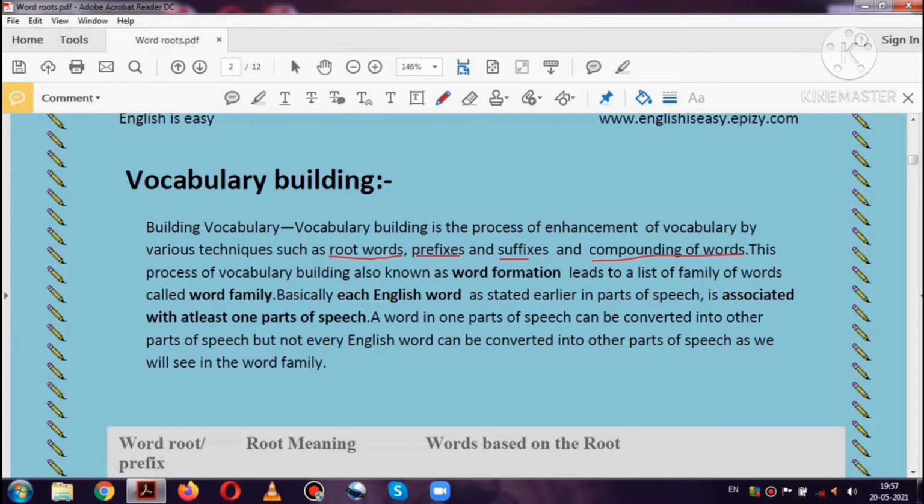This process of vocabulary building is also known as word formation, the process by which new words are formed, and it leads to a list of a family of words, which is called a word family. Each English word, as stated earlier, is associated with at least one part of speech.